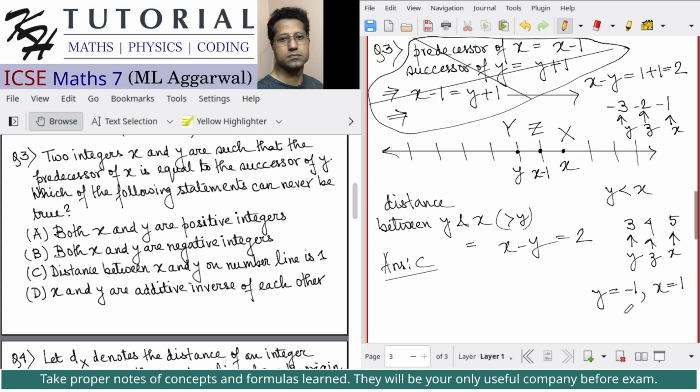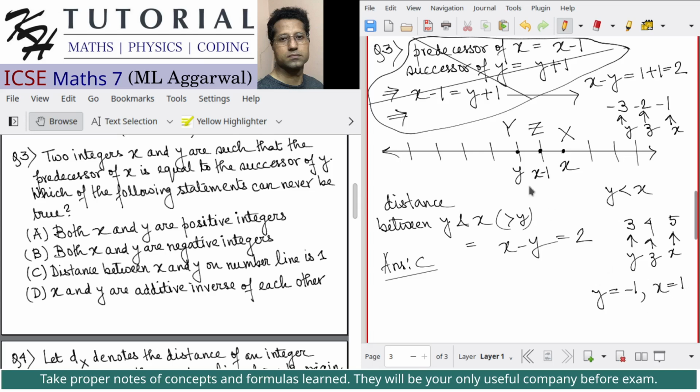In this case also, the successor of y is 0 and the predecessor of x is 0. But y and x, minus 1 and 1, are additive inverses of each other. So it is highly possible that x and y are additive inverses of each other. So clearly the correct choice is C, that the distance between x and y on the number line is 1 can never be true.